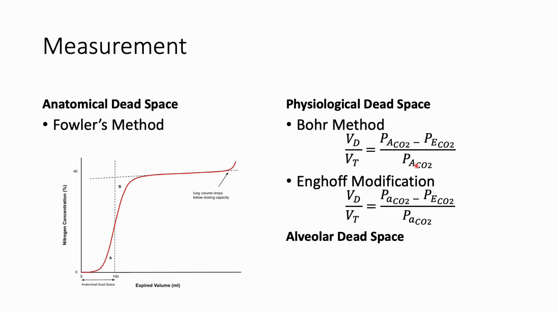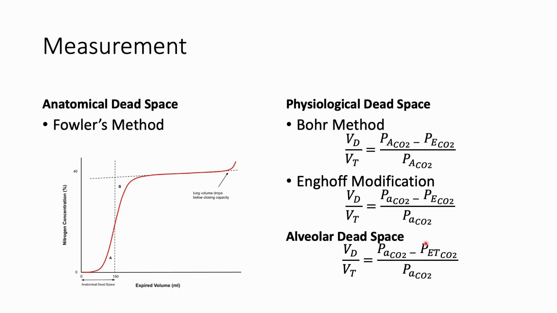Once ABG analysis technology became available, Enghoff proposed a modification where the arterial PCO2 was substituted for the alveolar PCO2. Alveolar dead space can be calculated by measuring both the physiological and anatomical dead space and then taking the difference, or alternatively, a further modification of the Bohr equation can be used, where end-tidal CO2 is substituted for this term here.